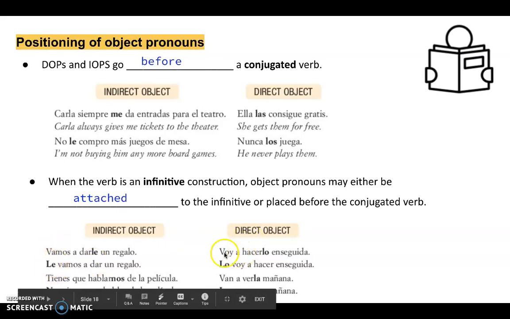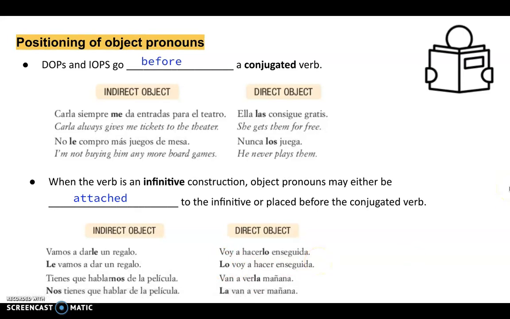And then here we have voy a hacerlo enseguida. I'm going to do it right away. Or we can also put it in front. Lo voy a hacer enseguida. And just so you guys know, translation-wise, there really is no distinction here. So if you were speaking these sentences, people wouldn't be like, oh, that's interesting that she put it at the end or before. There really is not a distinction translation-wise. Okay.